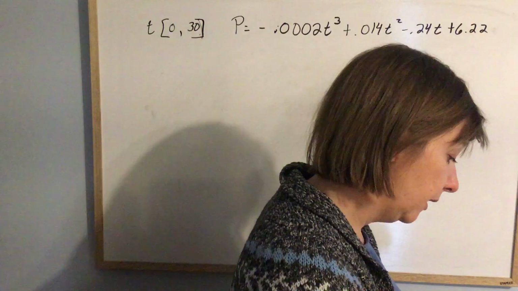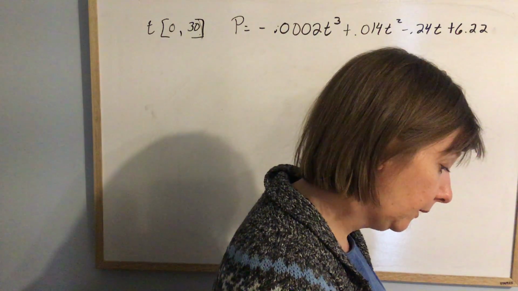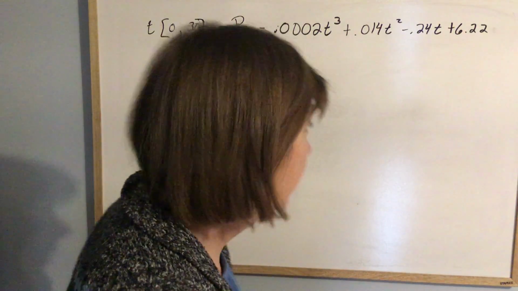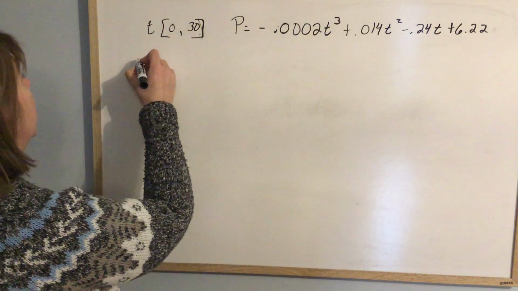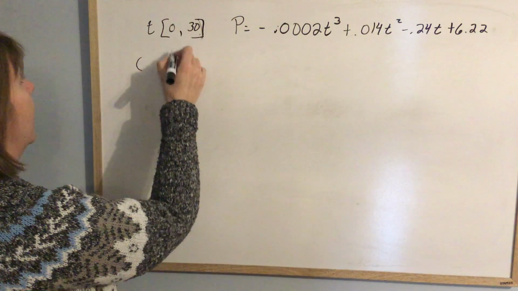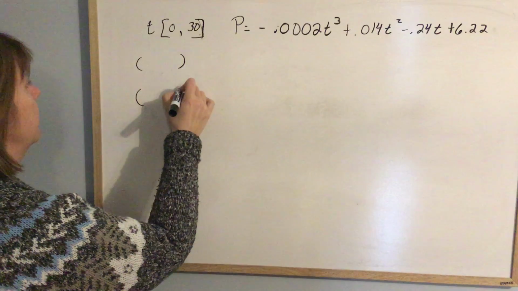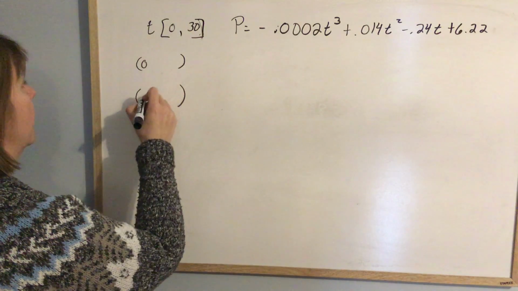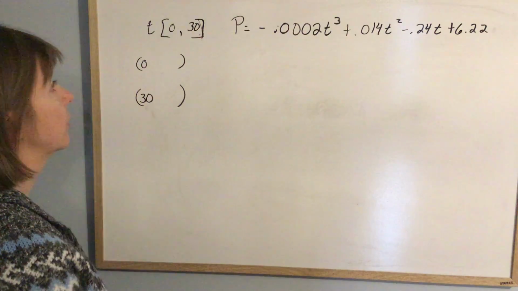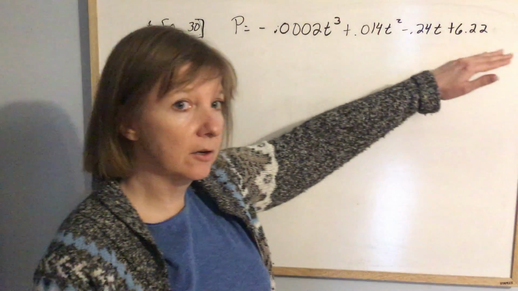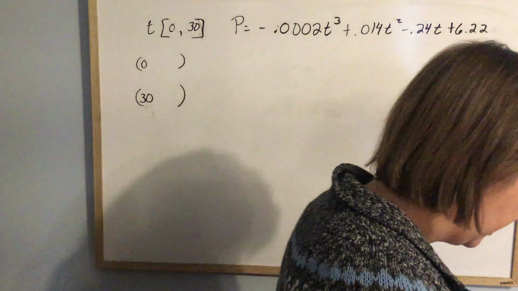So, again, I would start by finding the x and y value for the start time and the end time. So at 0 and at 30. And I would put that back into here and get my values.